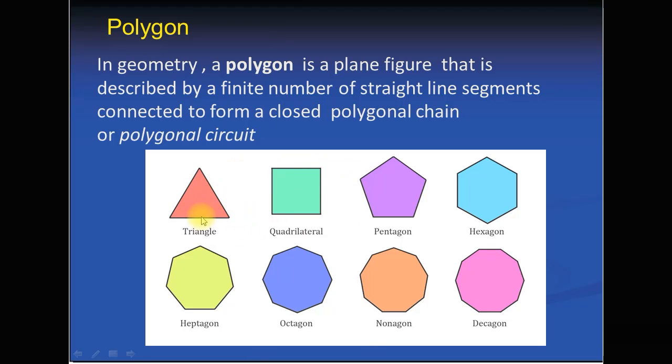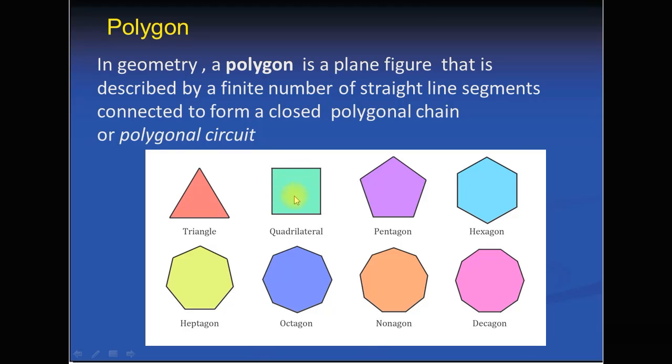For example, triangle. In this triangle there are three line segments, and these three line segments are connected to form a closed polygonal chain or polygonal circuit. This is a quadrilateral. Quadrilateral means like a square, rectangle, parallelogram. Any quadrilateral figure has four sides.